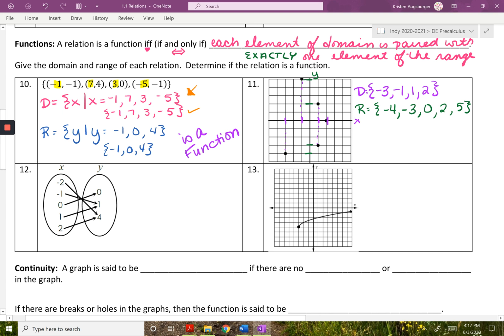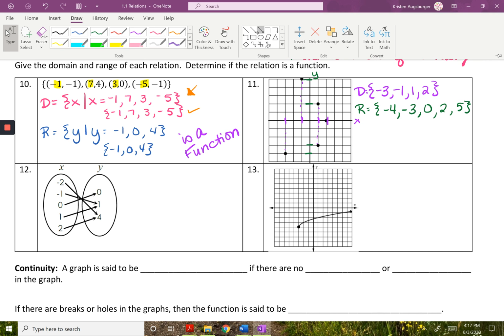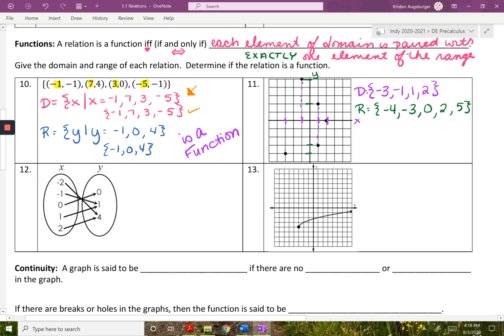So, what do you think? Is this a relation? I want to determine whether this is a function. So I have a picture. The easy way to do that is the vertical line test. So I'm going to drag a vertical line through my graph. Each place where I hit along this x-axis pairs with one y, so I'm okay there.